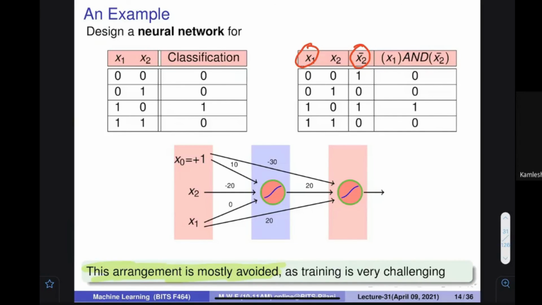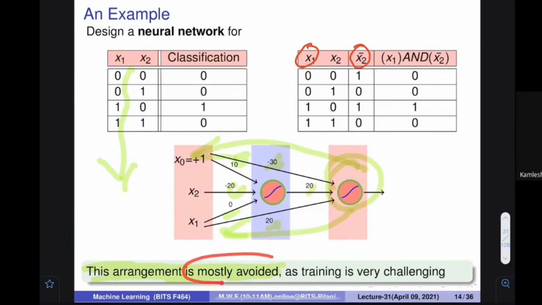But if this table is very large and we have to find the value of weights, it becomes very difficult to find weights in that way. When the connection of one layer is there 2 layers back, and these kinds of complex connections are there, it becomes very difficult to find the right parameters. So I have told you this is a possibility, but we are going to avoid this kind of scenario. We are not going to make this.